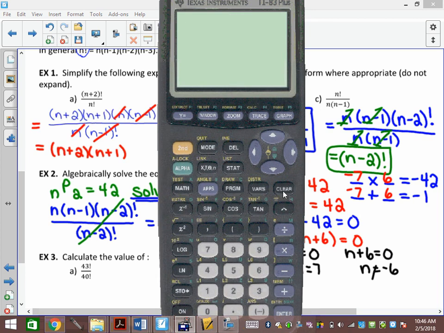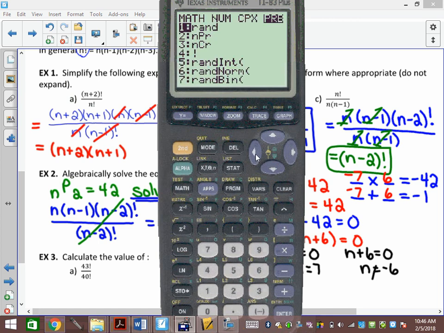So I'm going to go 7. Then I go to where my factorial symbol is. So math, left to probability once if you have these calculators, twice if you have the fancy ones, and 2. C is a different one, so I'm going to pick 2.